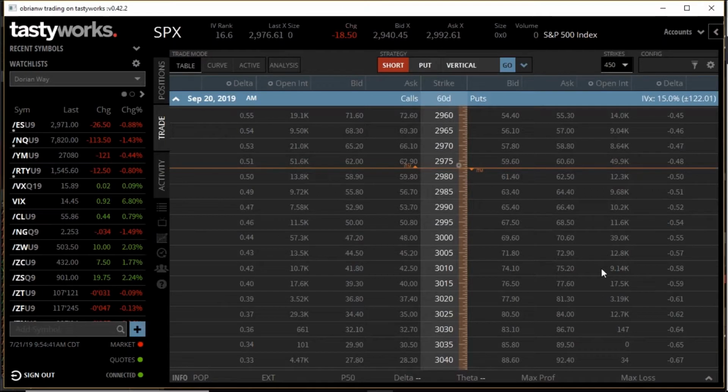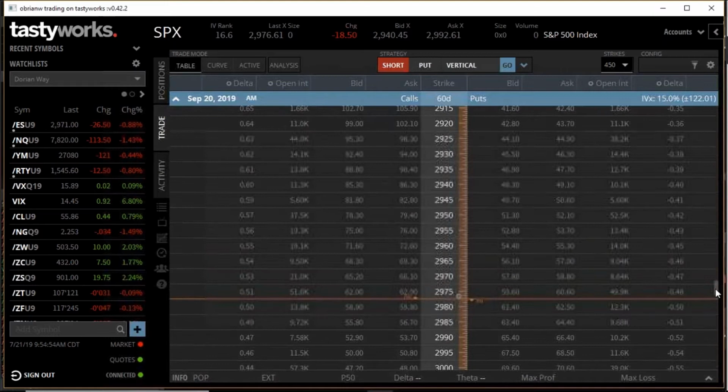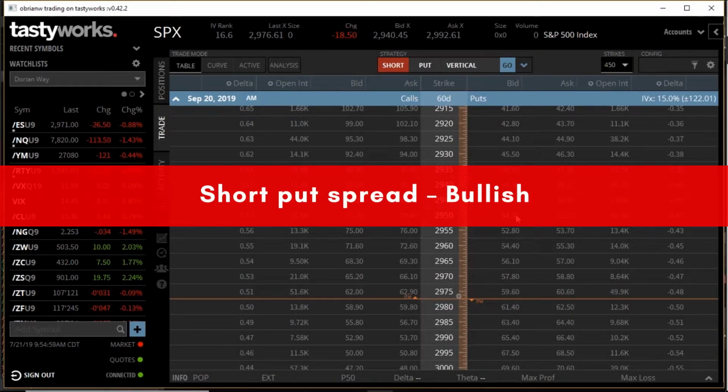And then let's now talk about a short put spread. A short put spread is when you sell a put option and buy a lower put option simultaneously. So we just looked at selling a naked put and that was uncovered. Now we can look at selling a covered short put, and this is called a put spread.